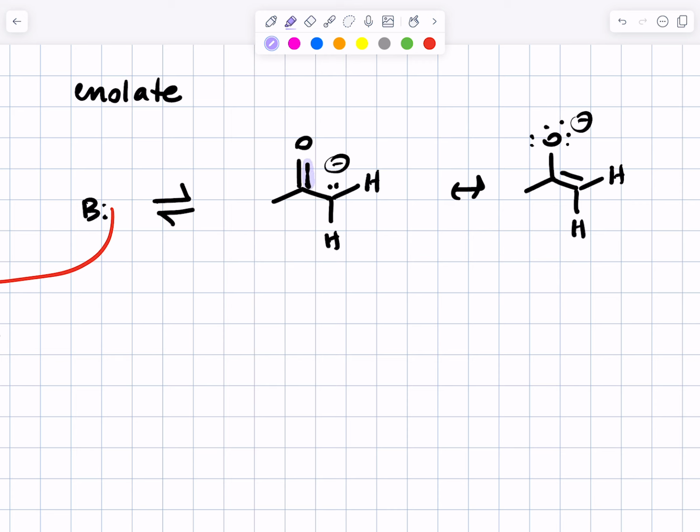First, the pi bond is delocalized between the alpha carbon and the carbonyl carbon, and then the carbonyl carbon and the oxygen. And second, you need to infer that the negative charge is delocalized on both the carbonyl oxygen and the alpha carbon, both places, okay?